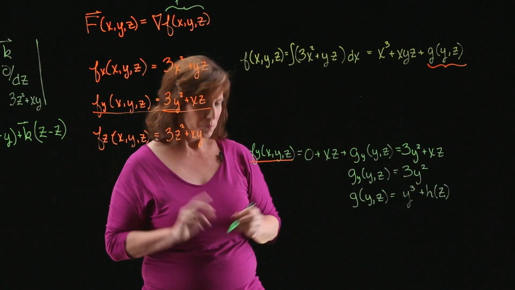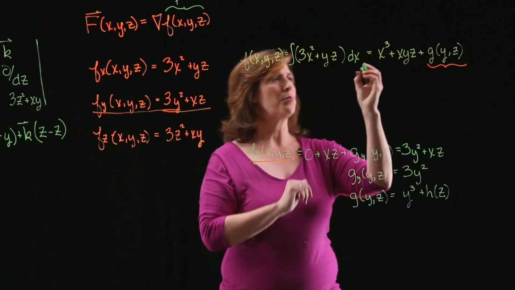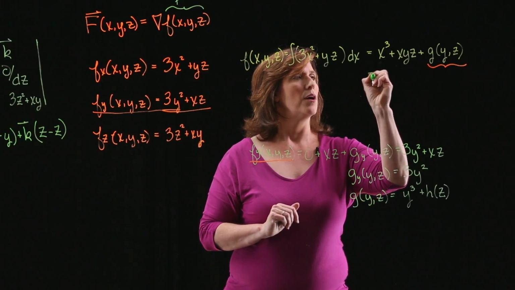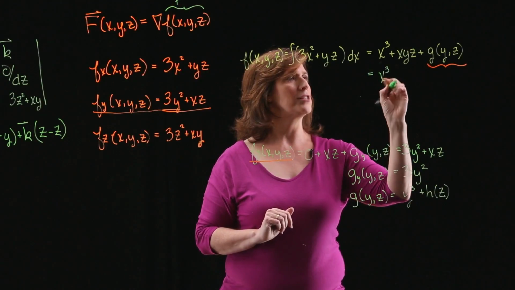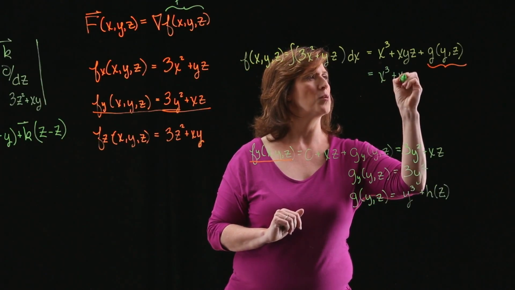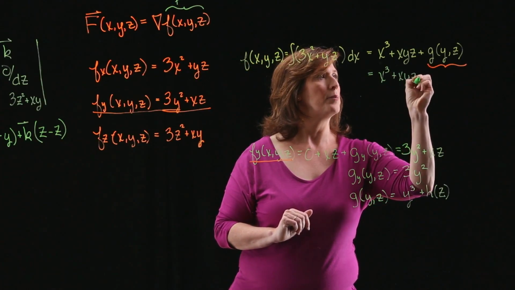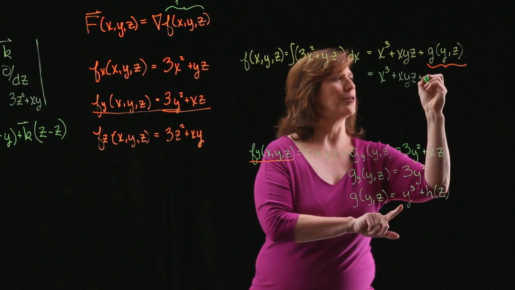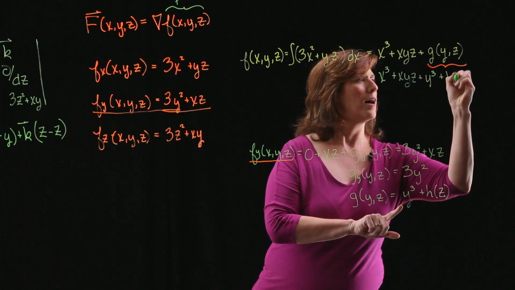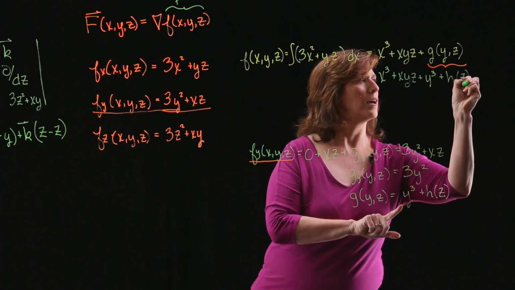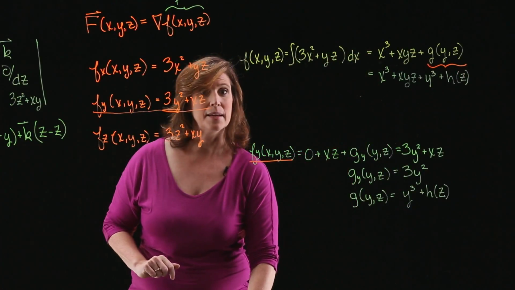So in my original problem, I can make this a little bit more specific and say that I've got x cubed plus xyz plus y cubed plus some function of z.